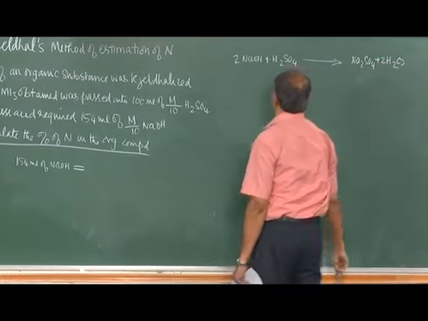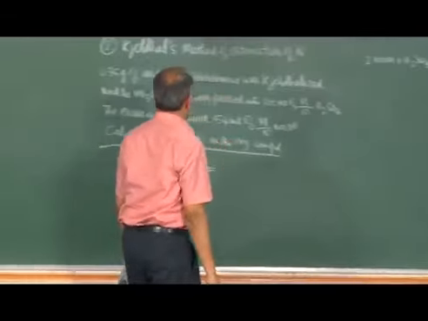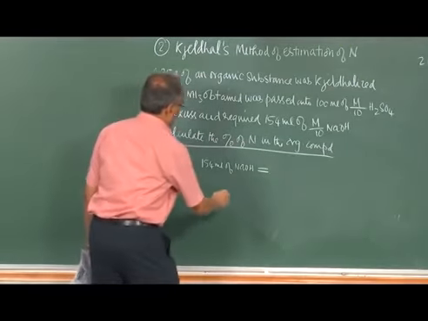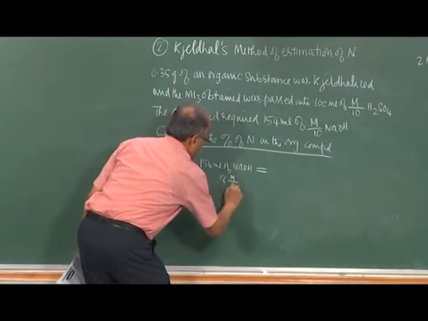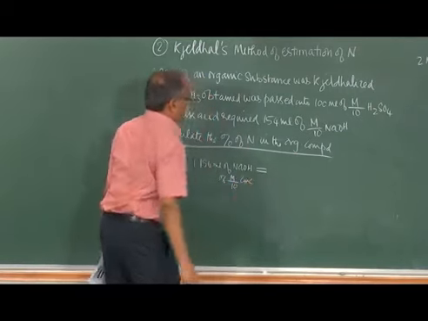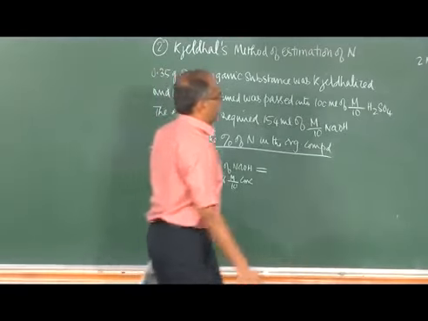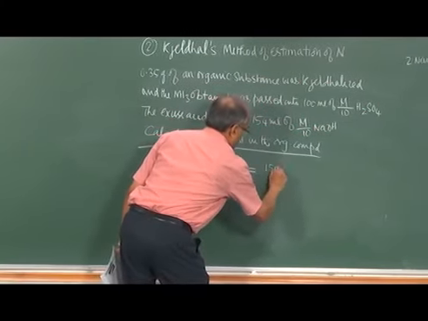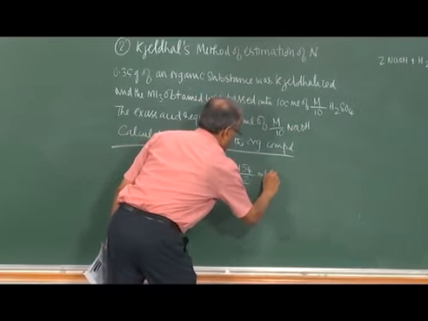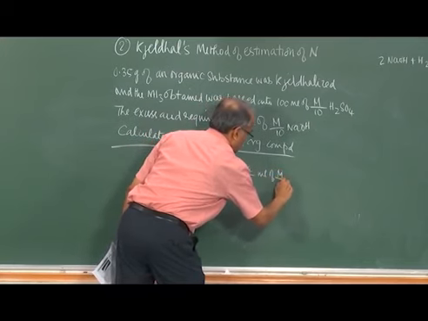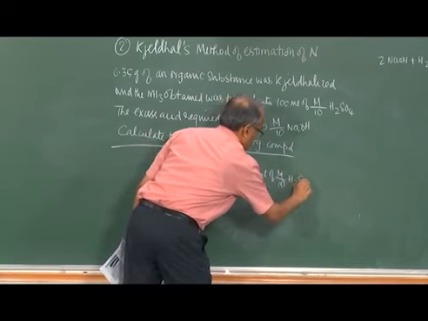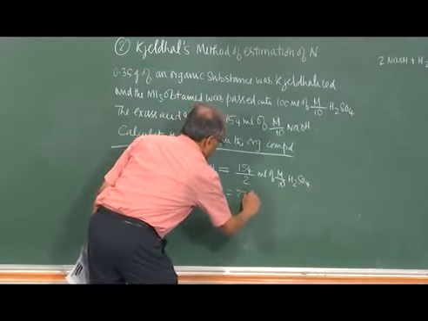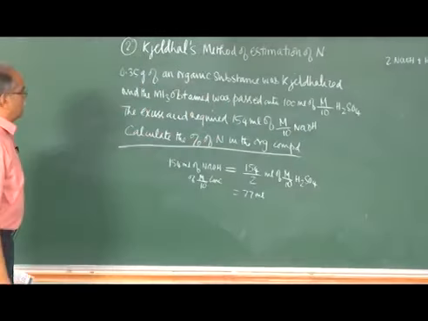So, if you are taking 154 milliliters of sodium hydroxide of M/10 concentration, this would correspond to half the amount of sulfuric acid. So, this corresponds to 154 divided by 2 milliliters of M/10 sulfuric acid, which is 77 milliliters of sulfuric acid.